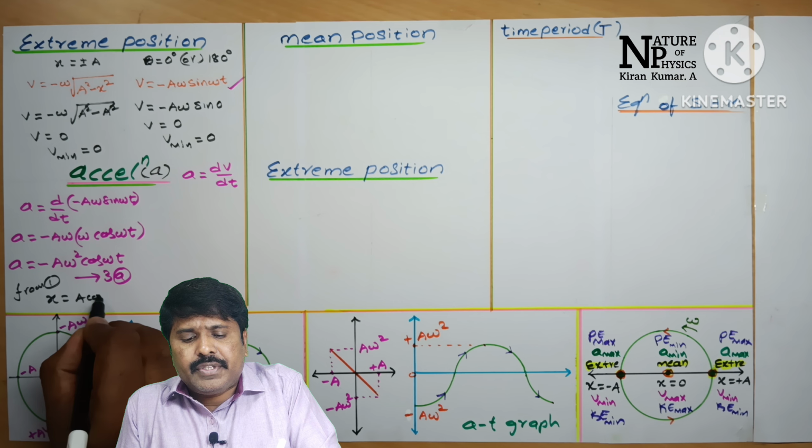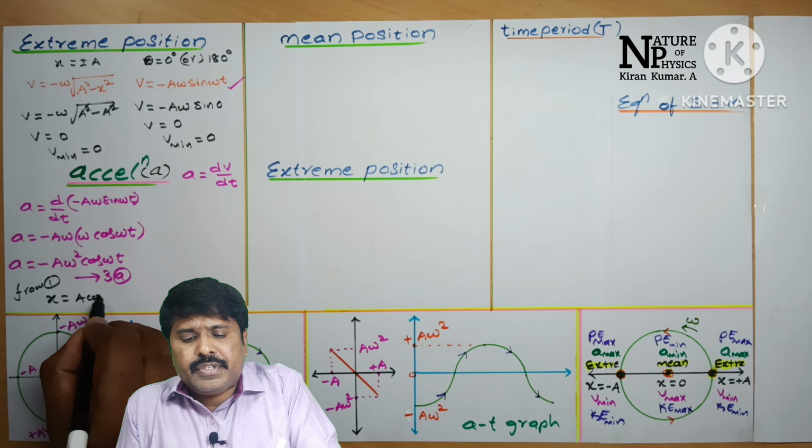See student, for this explanation, x is equal to plus or minus a, extreme position is clearly represented in the diagram also. Along the positive x-axis plus a, along the negative x-axis minus a. Okay, and now replacing the values in the velocity equation.